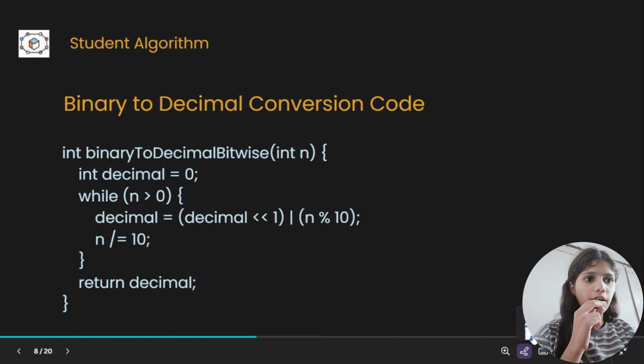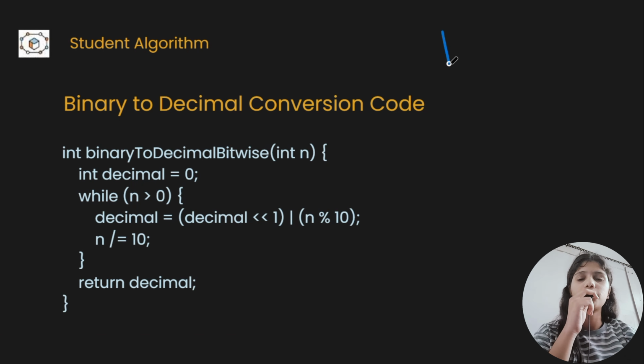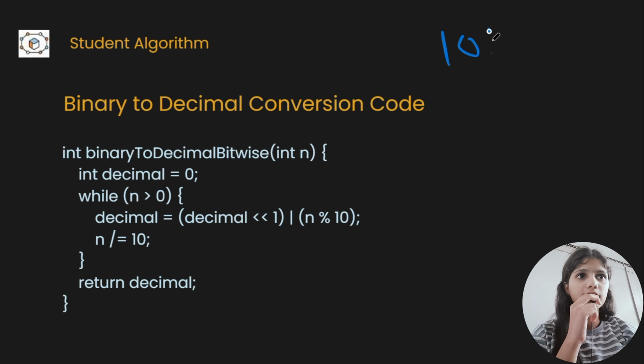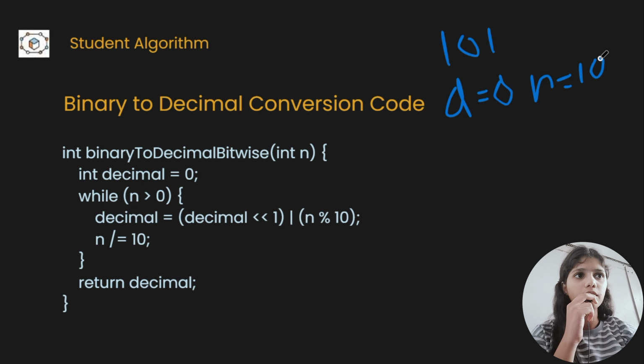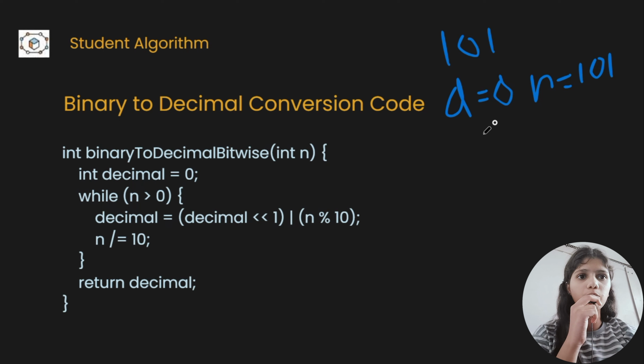Now we are going to dry run the binary to decimal conversion code. Let's take an example, 101. Here first d is equal to 0, and n is equal to 101. Now what exactly is happening? Decimal equals decimal left shift 1 OR n modulo 10.